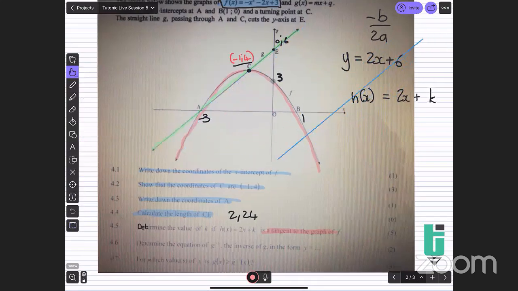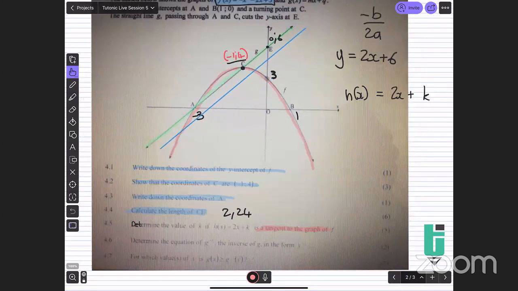So if k is 5, it's this one. If k is naught, there's the graph. If k is -1, it's there. If k is 6, it's there, because that graph is 2x plus 6.